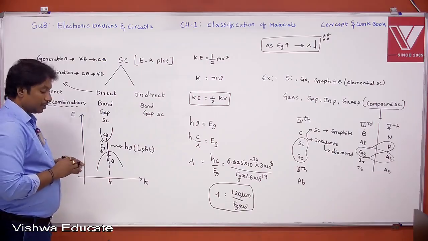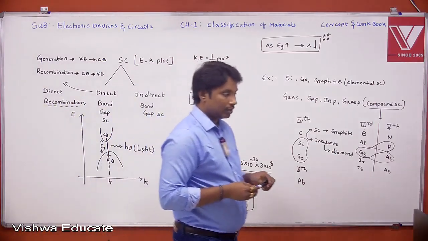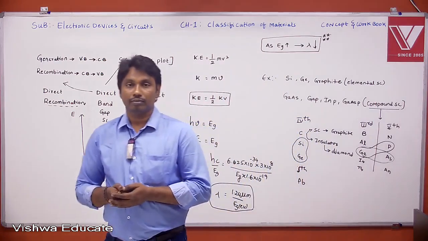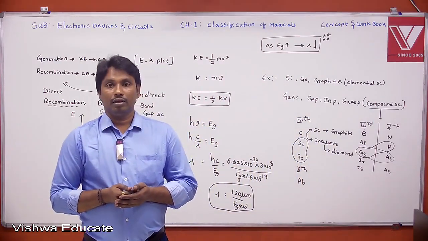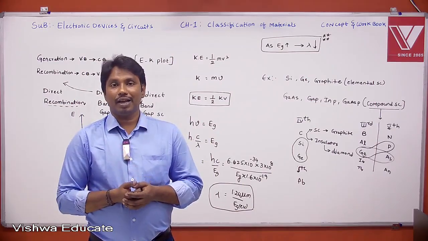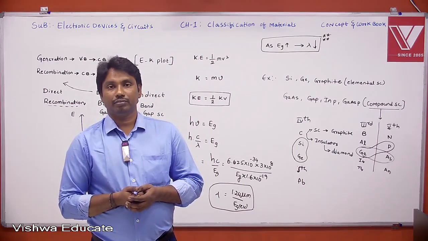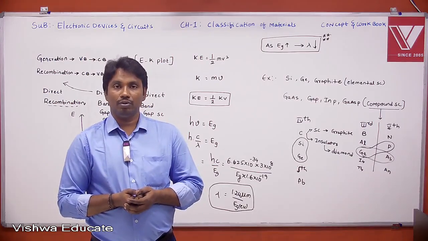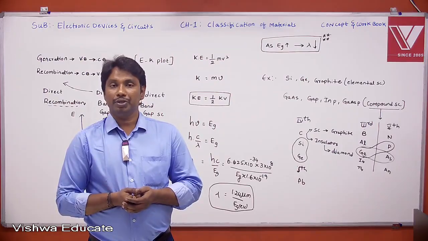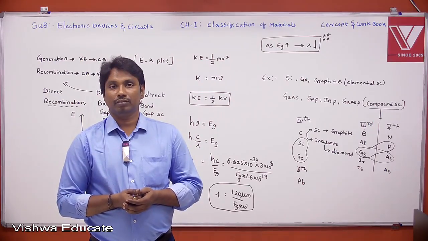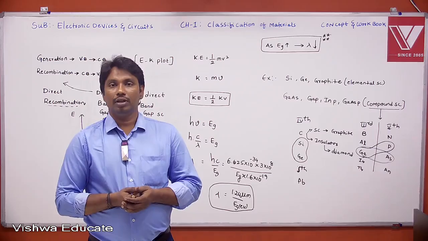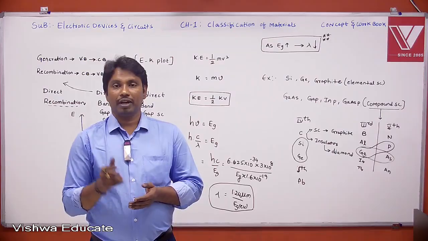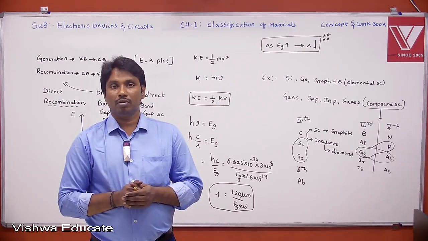Right? Write down your notes. Semiconductors can be classified into two types, based on the EK plot, in bracket energy versus momentum.